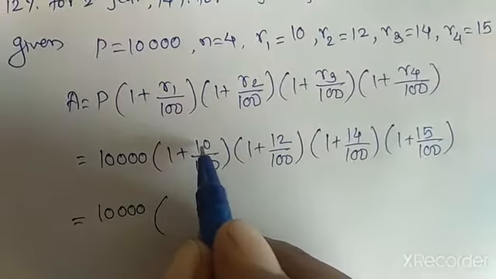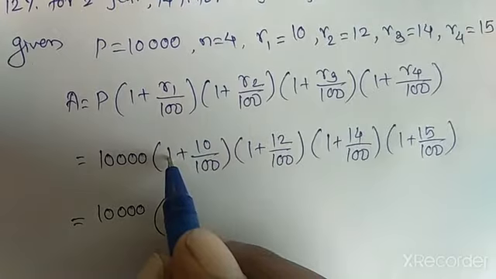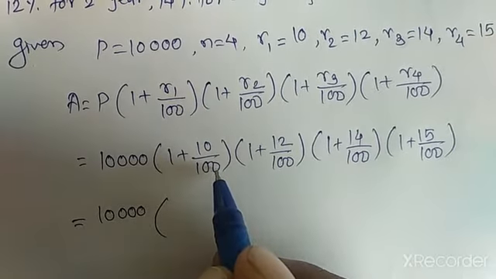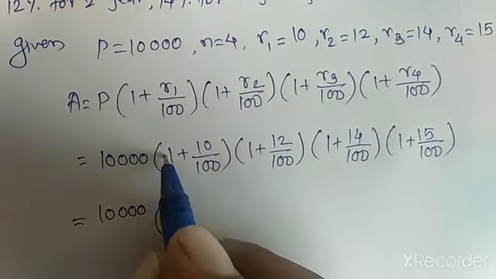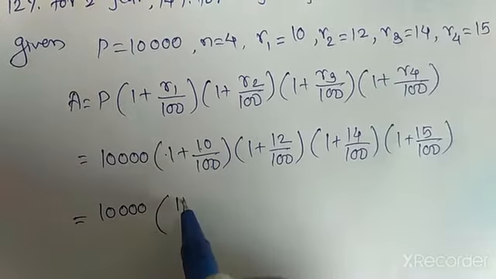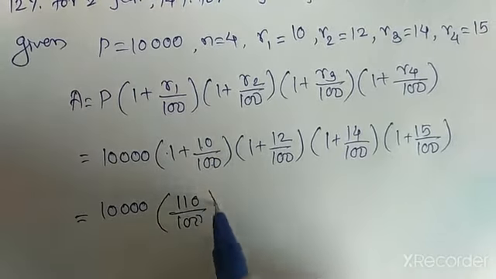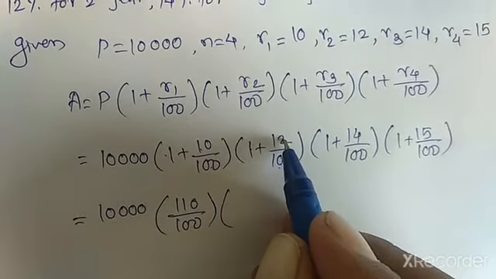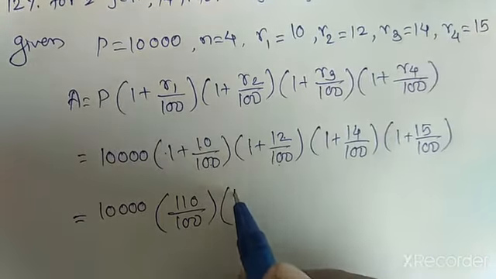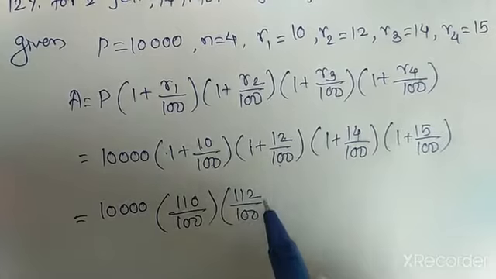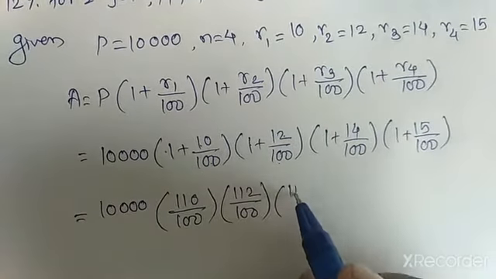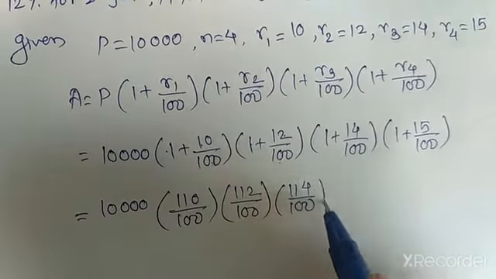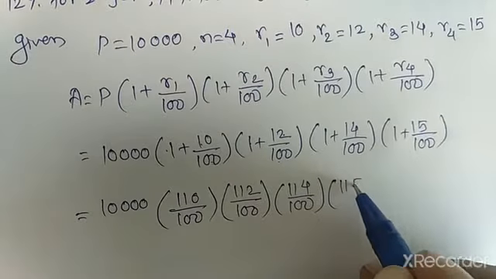So here its calculation will be 100 into 1 is 100 plus 10, which is 110 upon 100, into 100 plus 12, which will be 112 divided by 100. Next it will be 114 divided by 100, and for last it will be 115 divided by 100.